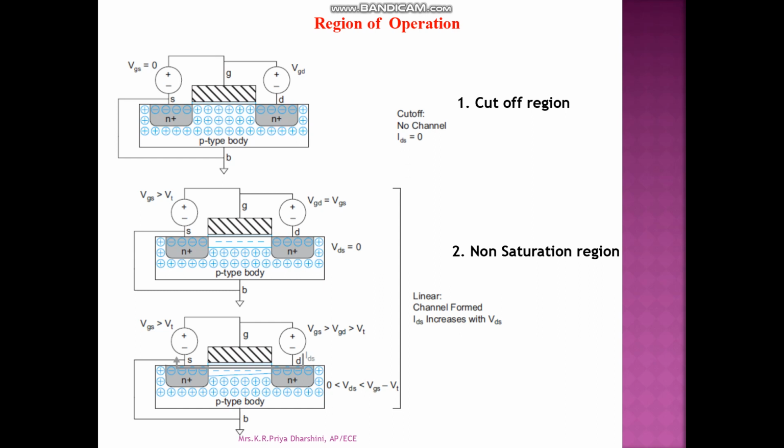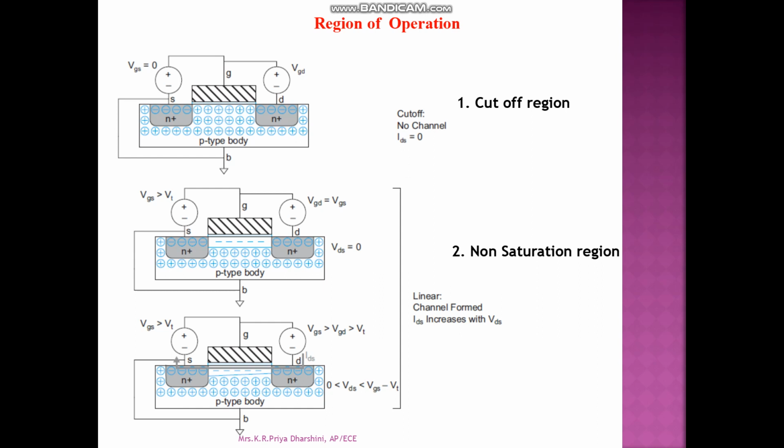When VGS is equal to 0 and VGD has no source, it is called the cutoff region, because no channel is formed between them. There is no channel, so the drain to source current is equal to 0. This is called the cutoff region.